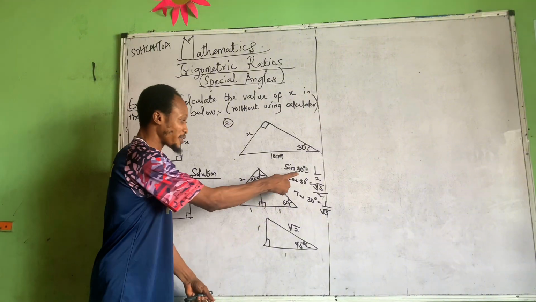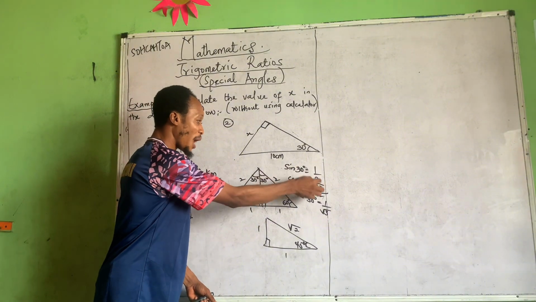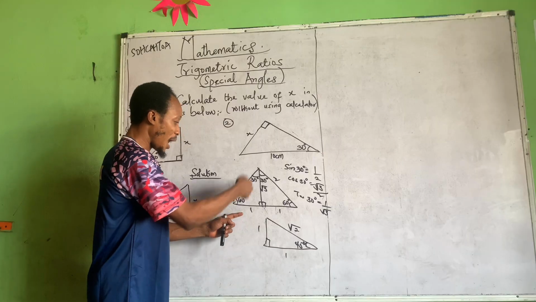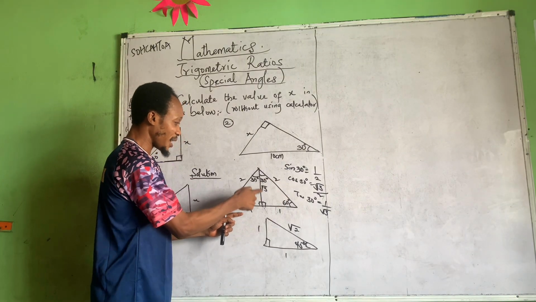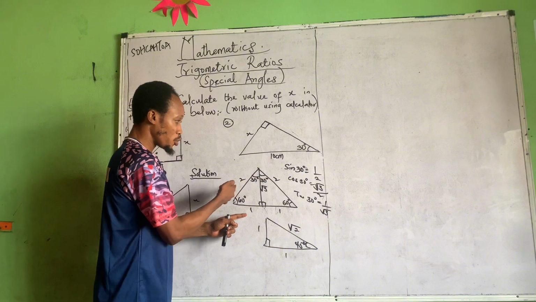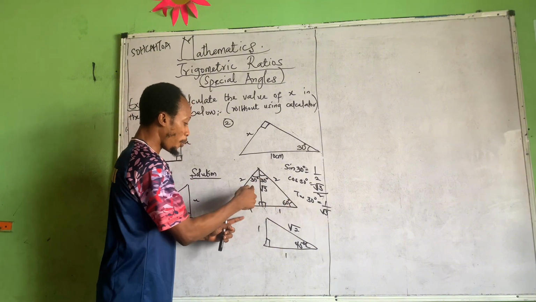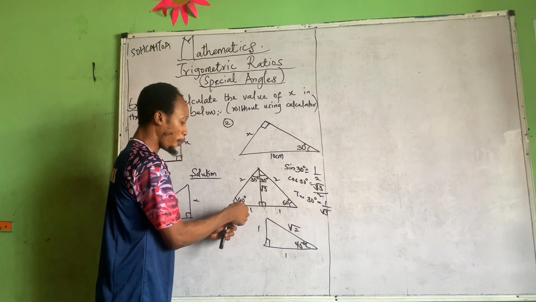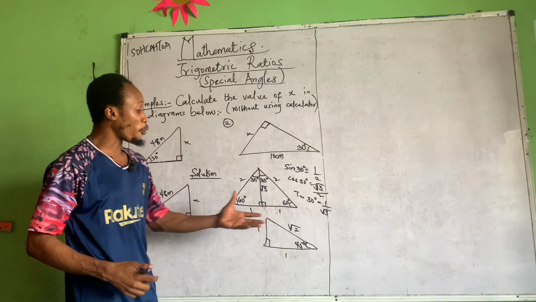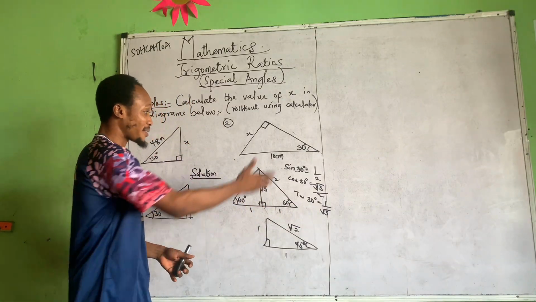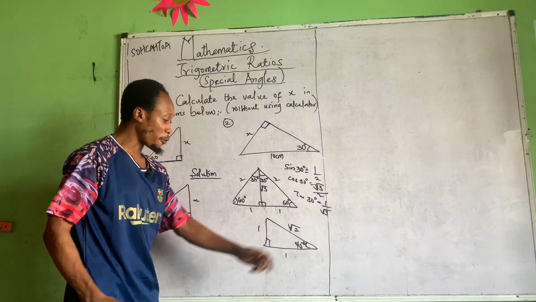Let me recap. For sine 30, opposite over hypotenuse. Opposite is 1, hypotenuse is 2. For cos, adjacent over hypotenuse, this is adjacent, root 3 over 2. Then the third one, tan: opposite 1 over adjacent, which is root 3. That's how you're going to do it for all the other angles too, like 60, and also for 45.